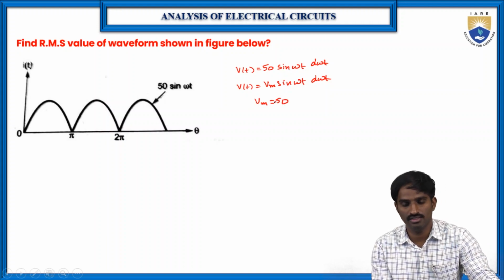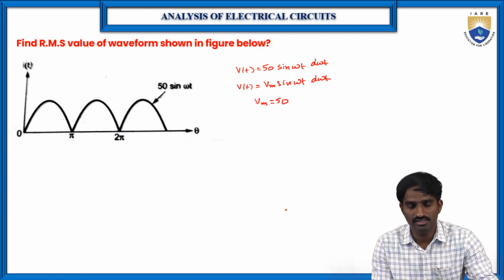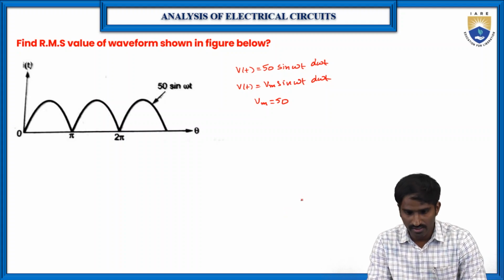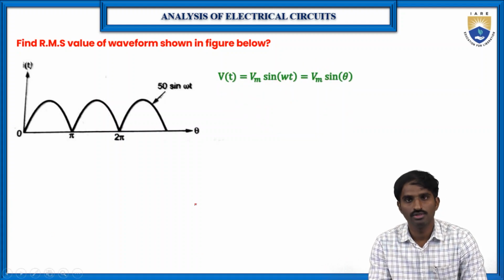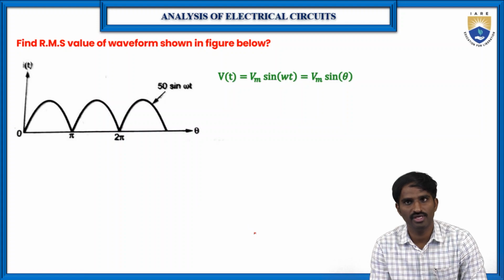Whenever there is a Vm, you can substitute the value 50. Here also V of t is equal to Vm sine omega t, which is equal to Vm sine theta.